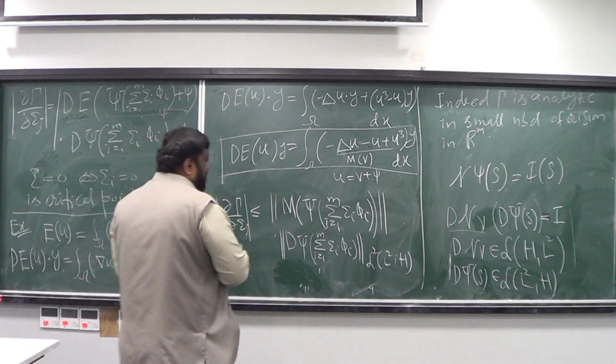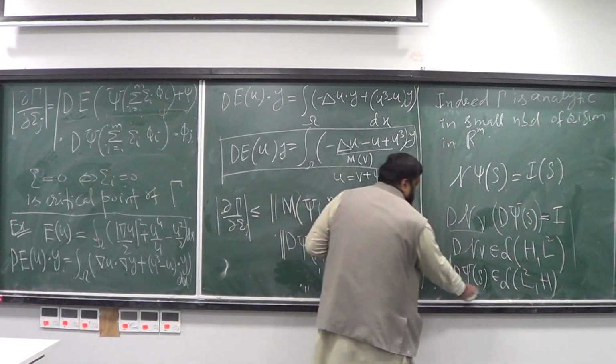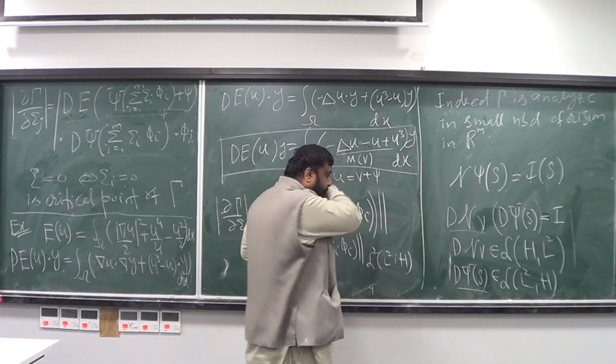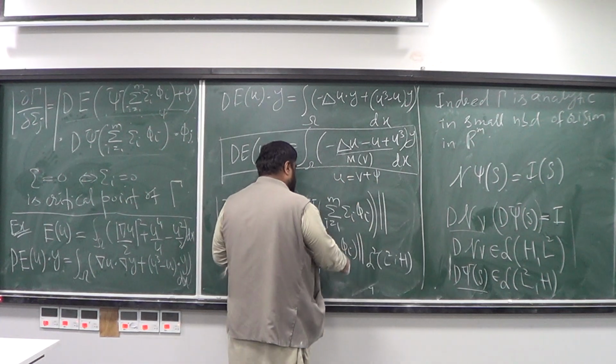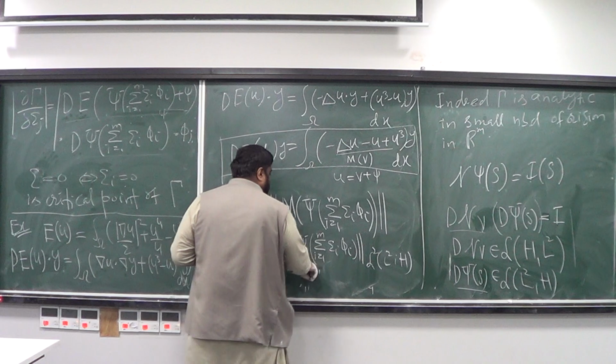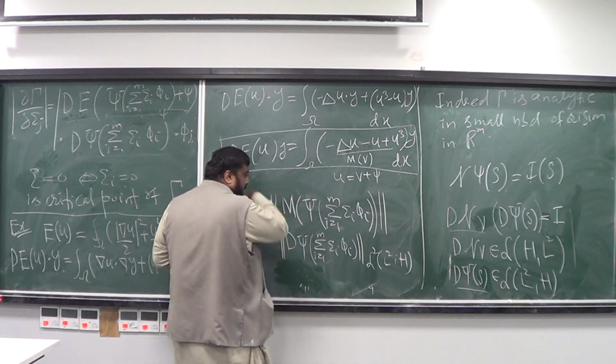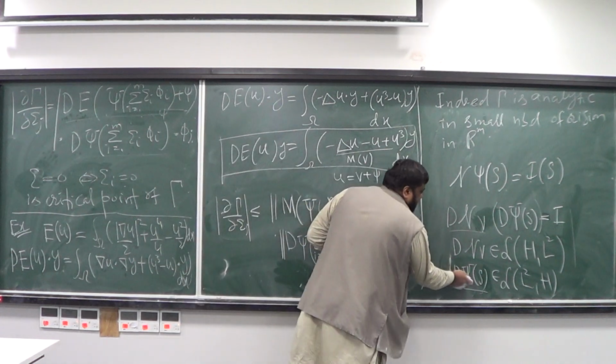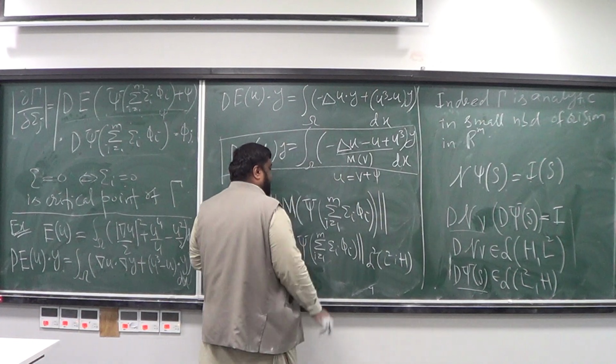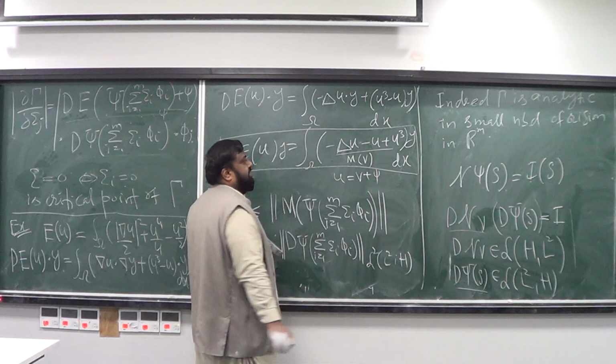Now, I know that this is a linear operator, and I'm computing the operator norm. Since this indeed belongs to this map, the operator norm must be finite.